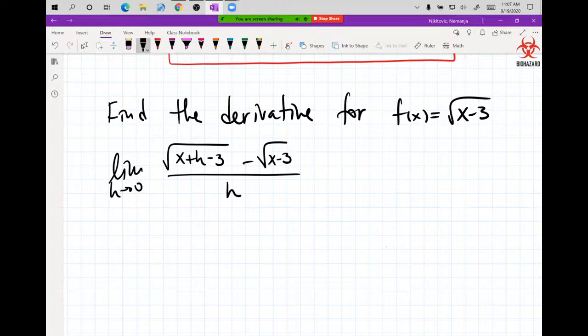And we do that by rationalizing. So we multiply by square root of x plus h minus 3 plus square root of x minus 3, divided by square root of x plus h minus 3 plus square root of x minus 3.